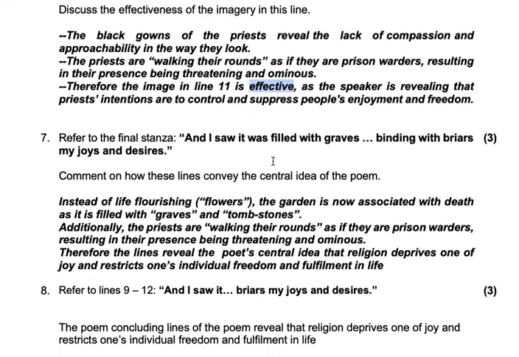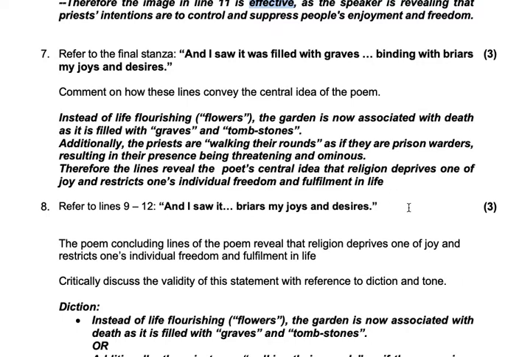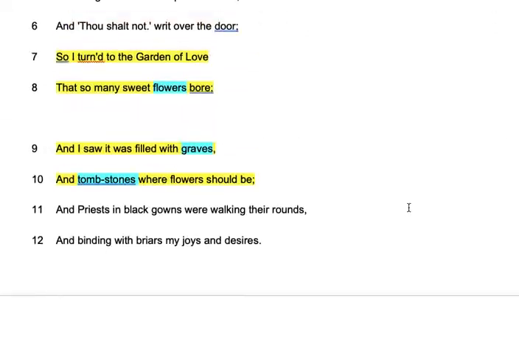Okay, question 7. Refer to the final stanza. And I saw it was filled with graves, binding with briars my joys and desires. So we need to go all the way up. I think I'm going to use a different color now, guys. So let's recap on the last stanza.